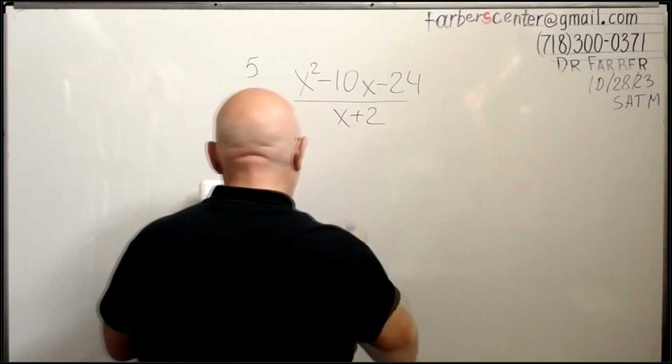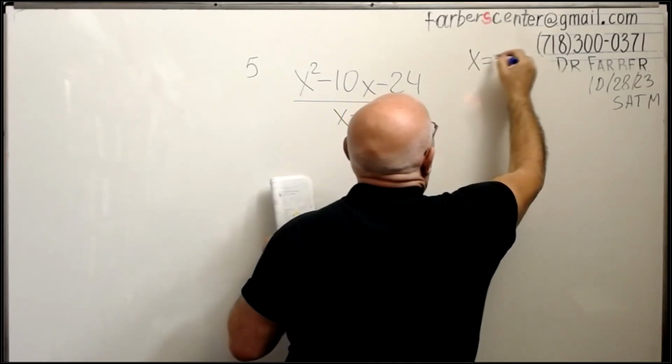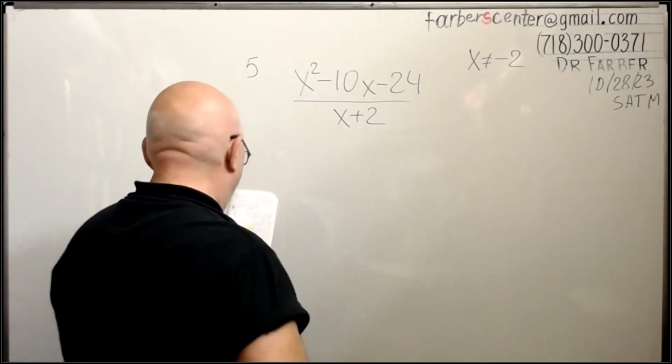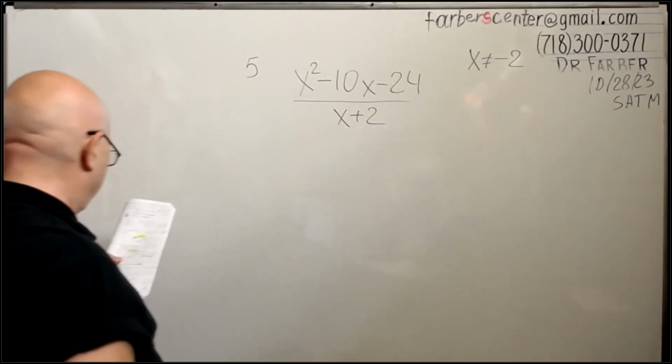You see, they did it correctly, in a professional way: x not equals to negative 2. You know the denominator must not be equal to 0. And they ask you to simplify this.